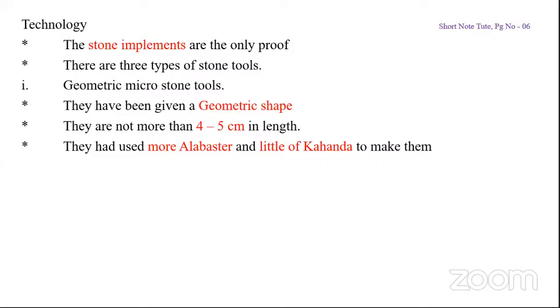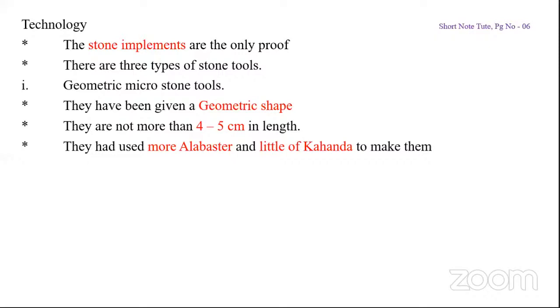Some geometrical shape had been given to this tool. And when making this tool very, very small, it's breakable. So you can't use granite to make these tools, because granite is very breakable.